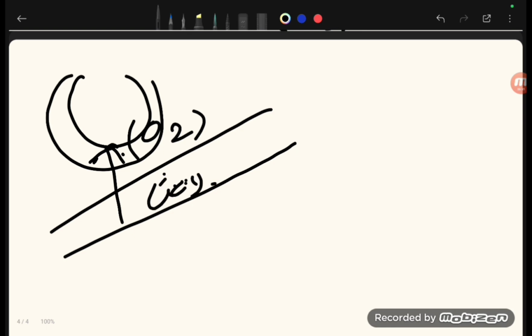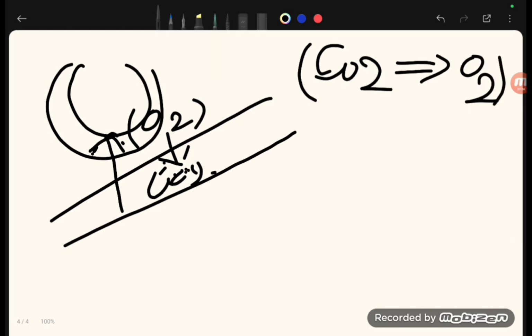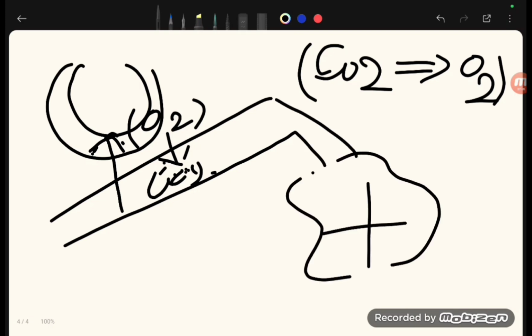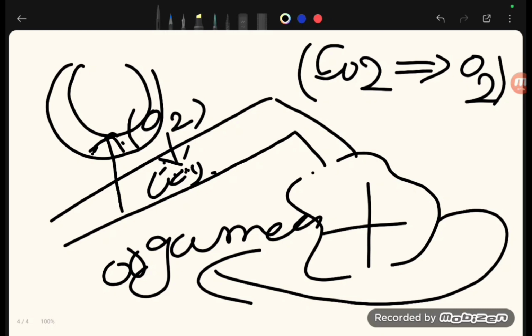Exchange of gases means carbon dioxide is replaced by oxygen. Then the pulmonary veins carry the blood to the heart. Again from the aorta it is carried to all organs, and at last it is supplied to the cell.